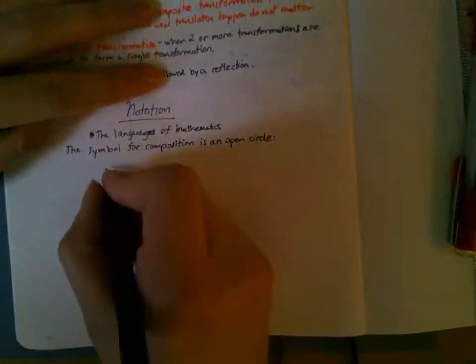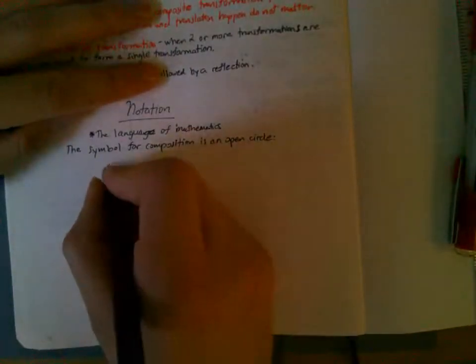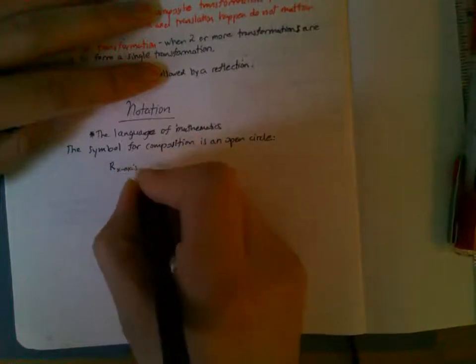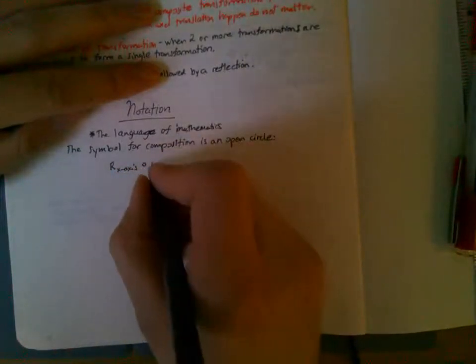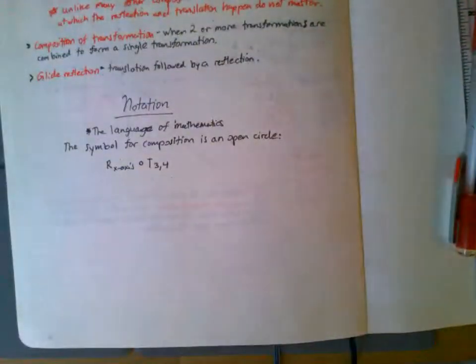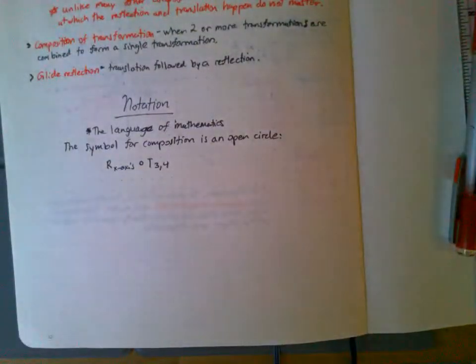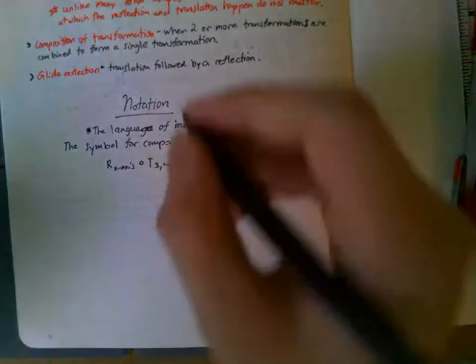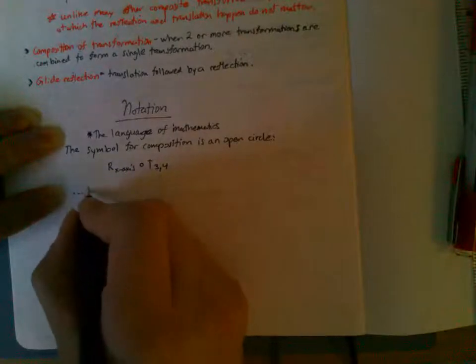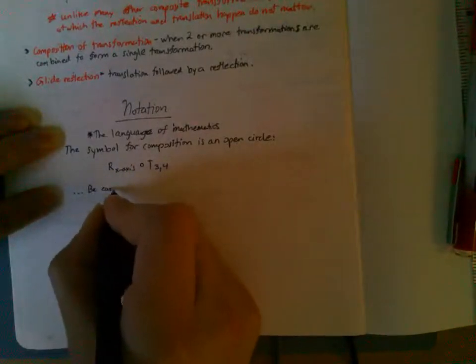So let's say, for example, I'm going to reflect over the x-axis with a composition of the translation (3, 4). So what is that actually saying? Well, this is what it means, and you need to be careful.